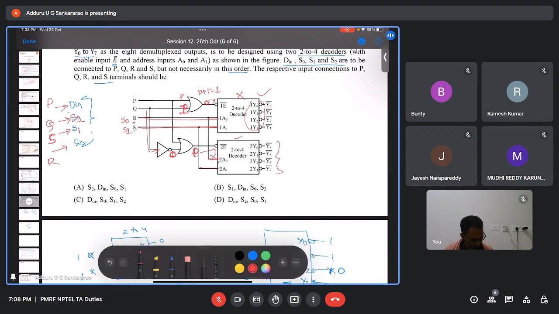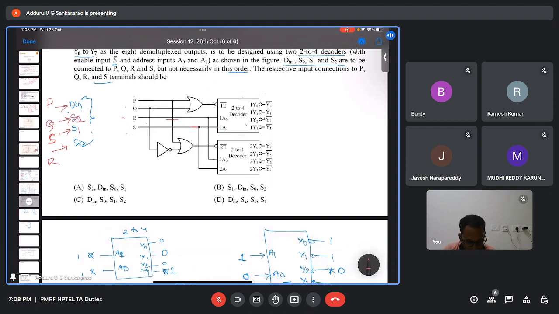Now let us just cross check whether it is correct or not. Let us say the Q input, which I am considering as S2, I am giving 0. Then the lower decoder is inactive and the upper decoder is active. Lower decoder inactive means all outputs are 1 1 1 1.